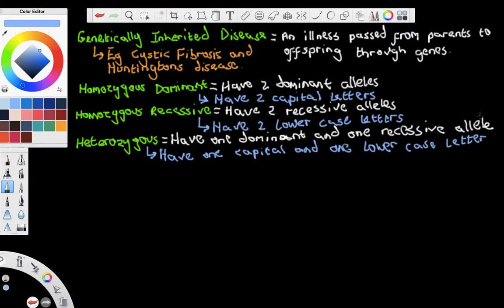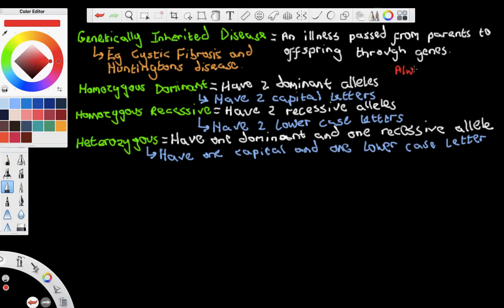Now it's important to point out here that whenever we're writing the genotype of an organism, you should always write the two letters as the same. So if you decide to use the letter B, make sure you're using a capital B and a lowercase b. If you decide to use the letter F, make sure you use a capital F and a lowercase f. Sometimes in exams they will tell you what letter to use. So it's important that you always use the same letter. Don't use a capital B and a lowercase w. Okay, apologies, I pressed something on my keyboard. So I'm going to add in red here because it's important.